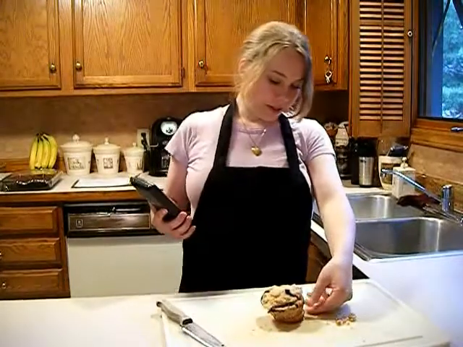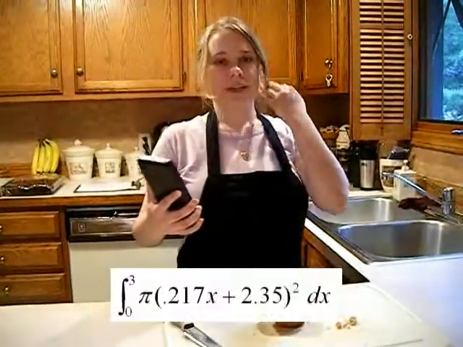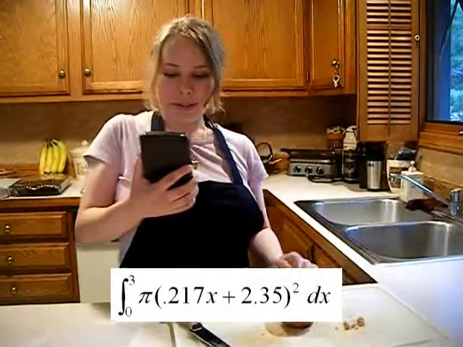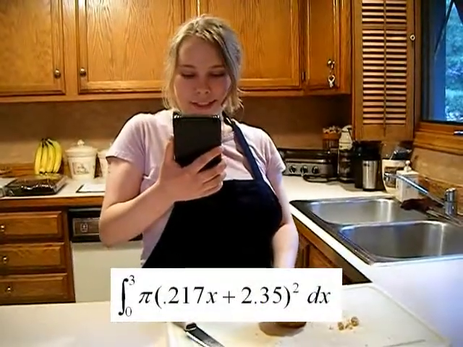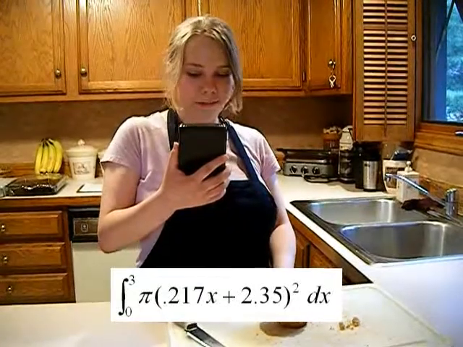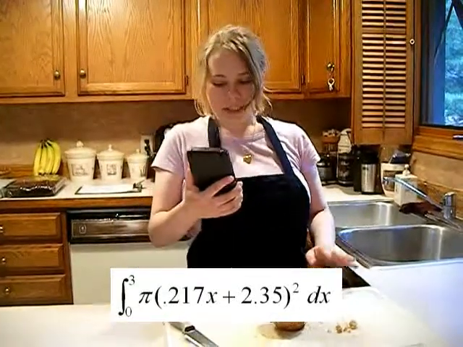So the 2 integrals we need are, for the straight part, since it's about 3 centimeters, the integral from 0 to 3 of pi times the quantity 0.217x plus 2.35, all squared, dx.